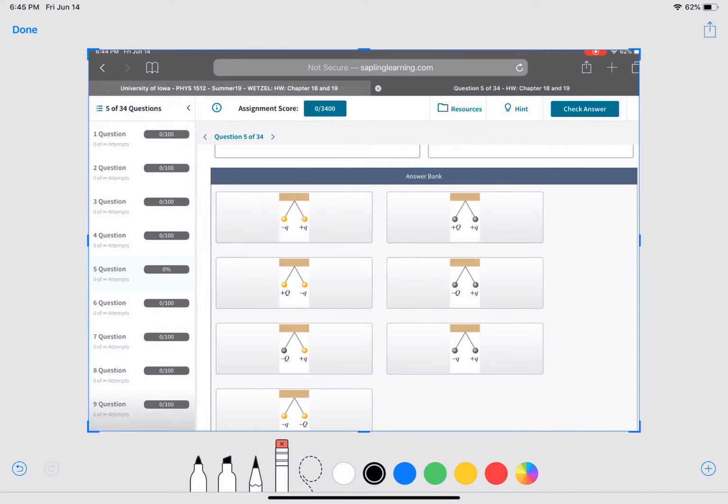And these are insulators, so they're going to keep their charge, but it doesn't matter because they're attracted to each other. For something like this set over here, we've got minus Q and plus Q conductors. They're going to come in contact. They're going to mix their charge together, so they're going to be uncharged, but still come together because there's not going to be any electric force to repel them.